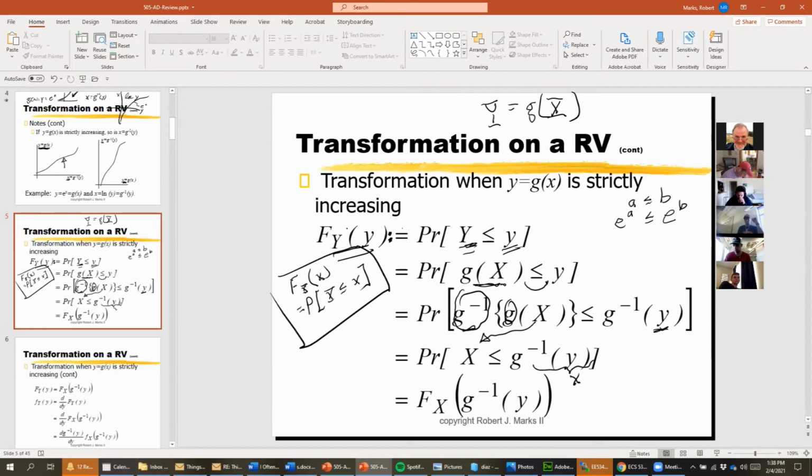And so the answer is that the transformation on the random variable is that the new cumulative distribution function is equal to the old cumulative distribution function, except instead of being evaluated at y, it's evaluated at g inverse of y. So that is the transformation that we like. And again, g of x has to be strictly increasing here.